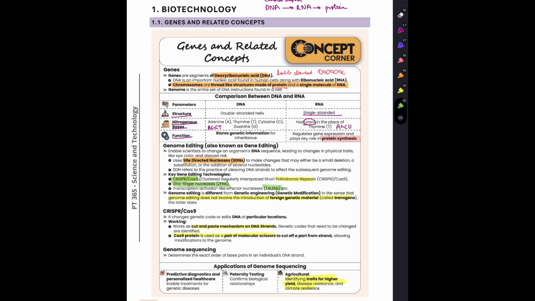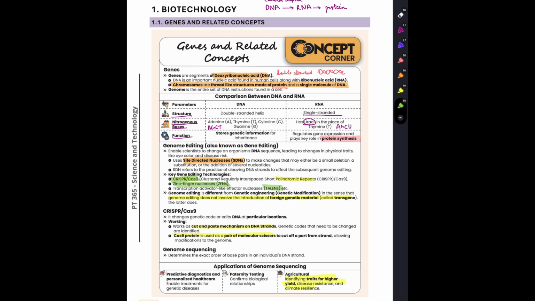So genome editing does not involve the introduction of foreign genetic material called transgene, and the latter does. However, in genome editing, there is no addition of any kind of foreign material. There is no addition of transgene.